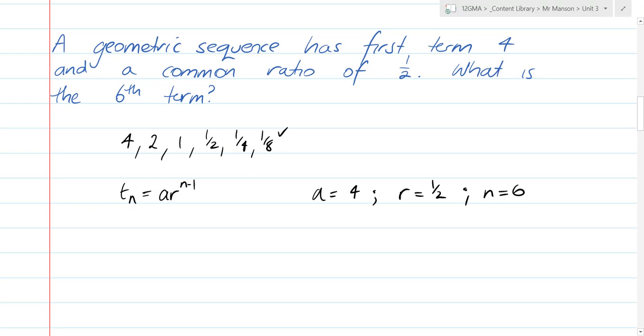So T6 will equal 4 times a half to the power of 6 minus 1, which is 4 times a half to the power of 5, which is 4 times 1 over 32, and that is equal to 1/8, which is what we got by using the recursive feature as well. Now, it took us maybe longer to do it using the nth term than just using the recursive definition, but if we were asked for the 100th term, the nth term would be much quicker. So that's our point there.